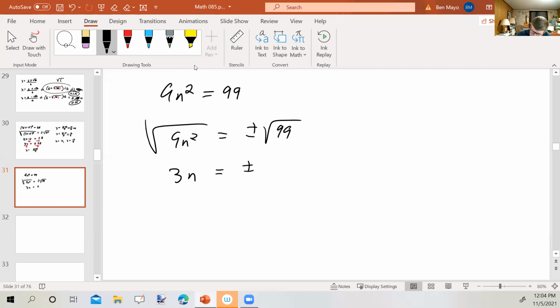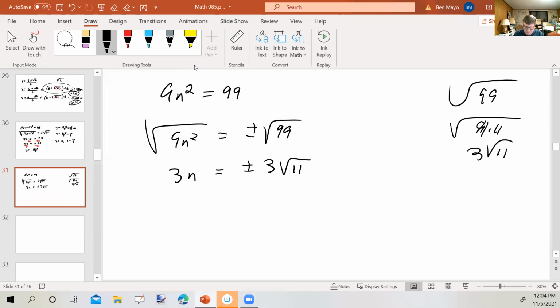On the right side, 99 would be 9 times 11, so that would be 3 square roots of 11. Then we would divide both sides by 3. So n is plus or minus the square root of 11. N equals the square root of 11, comma, negative the square root of 11.